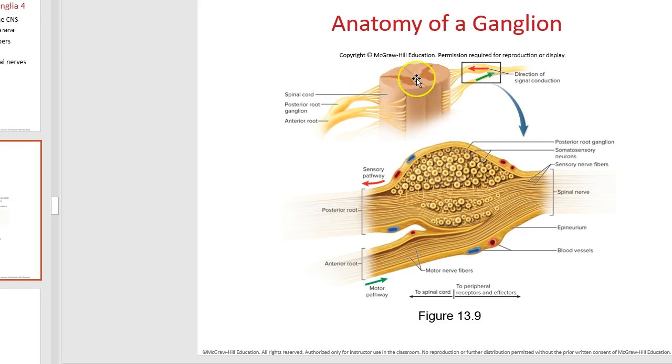Remember, everything outside of that H or that butterfly is white matter, and everything inside of it is gray matter. Gray matter, again, is unmyelinated, so it's going to be a little slower, and it's going to go through continuous conduction, and then when we have the white matter, we're going to go through saltatory conduction.